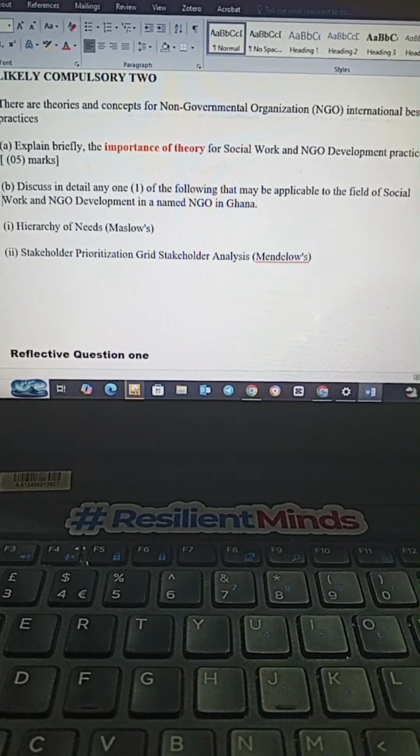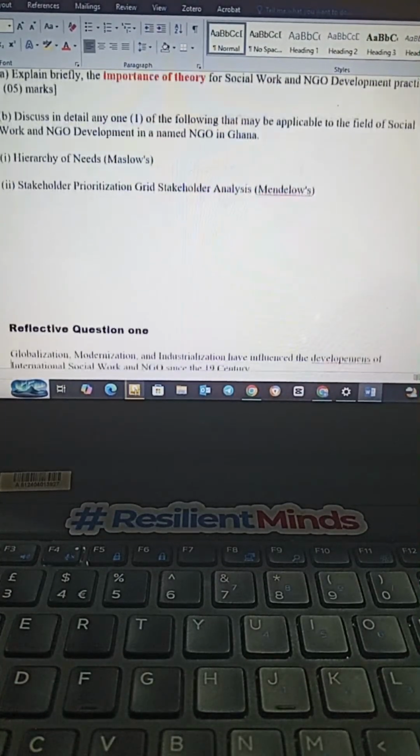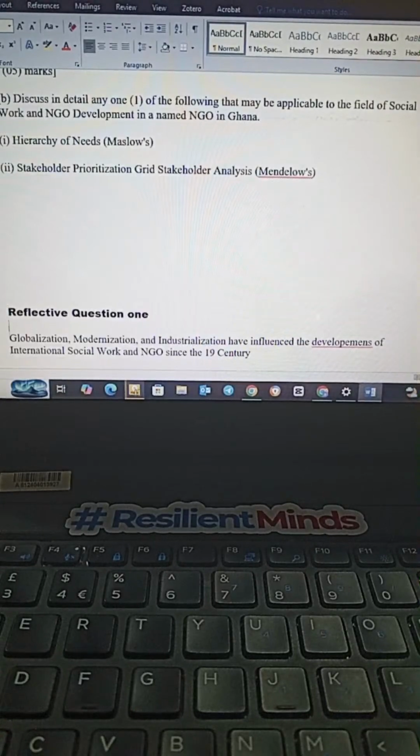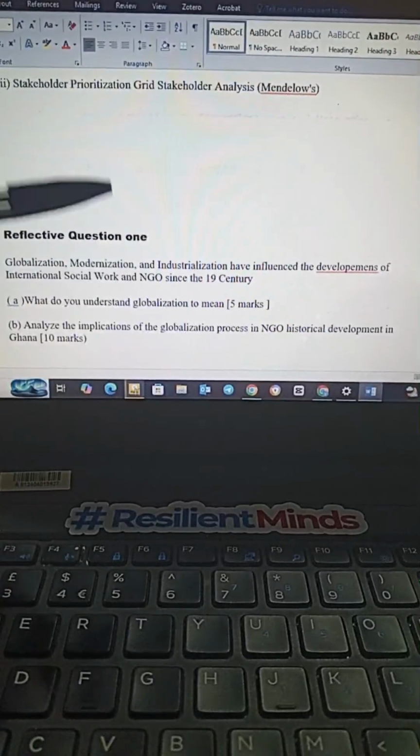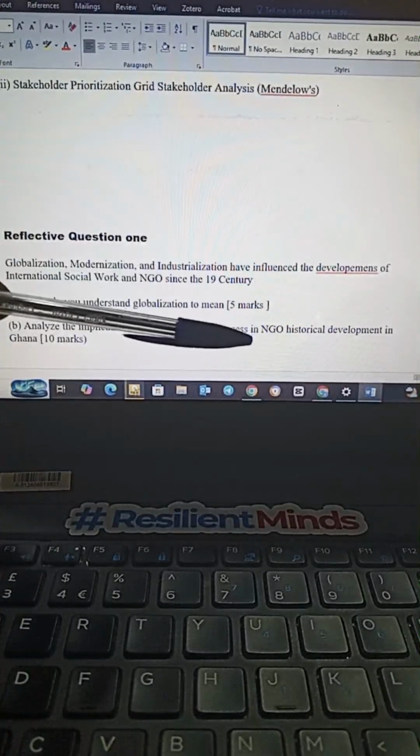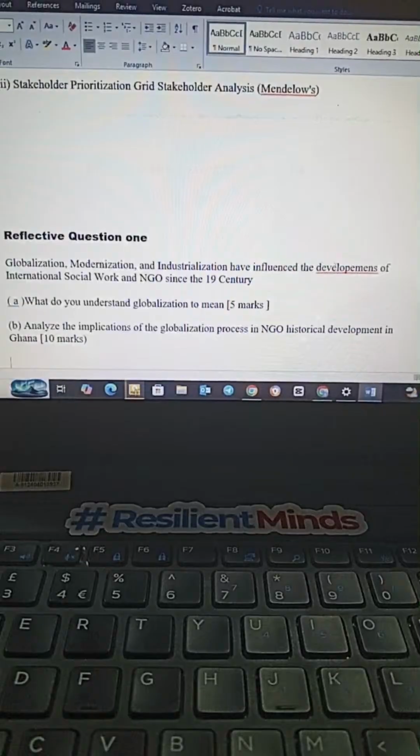That's all. Now let's come to the reflective questions. These are the optional questions we might get. Optional question number 1 says, and these are all preambles, that globalization, modernization, and nationalization have influenced the development of international social work and NGOs since the 19th century.